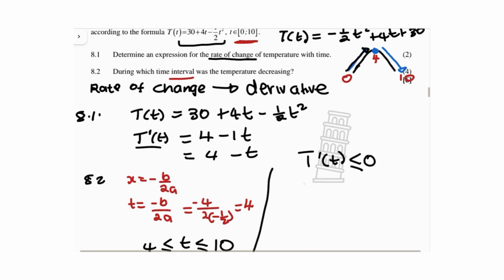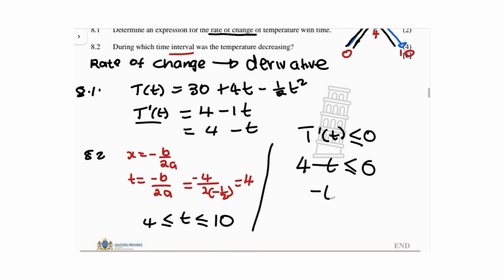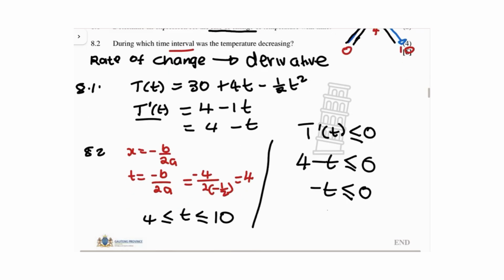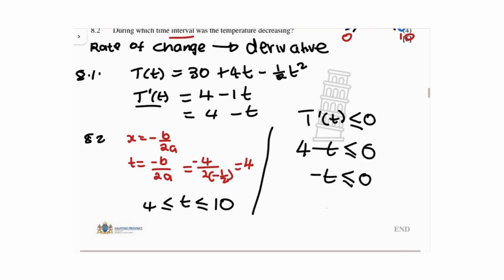That is 4 - t less than or equal to 0, so minus t is less than or equal to minus 4.